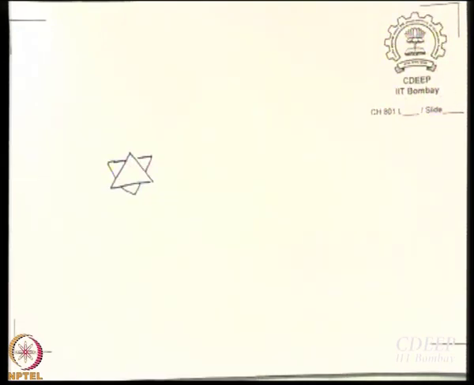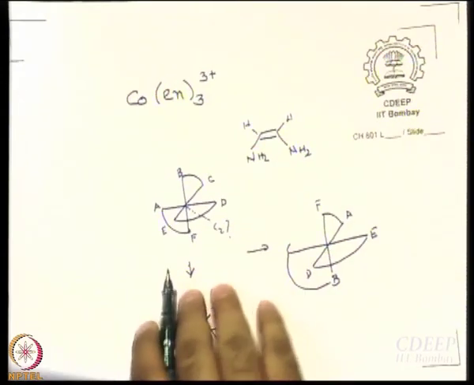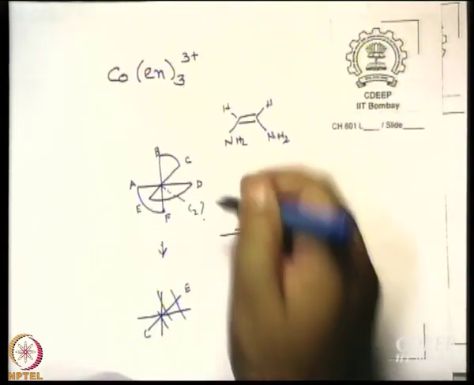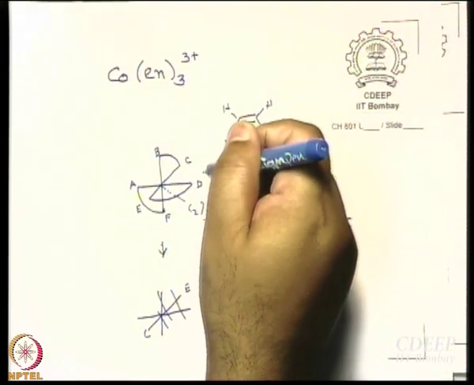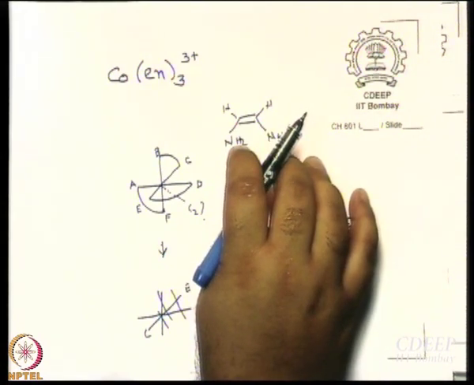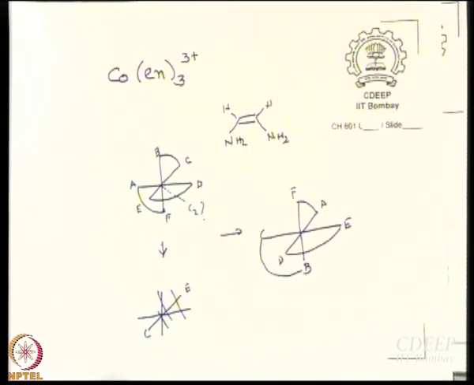Now, if you look from the top, from this corner, what do you have? I have D, if I look from the top, BCD, then I have D on the left, B on the top and C on my right. Is that okay? You understand from which angle I am looking? Okay.